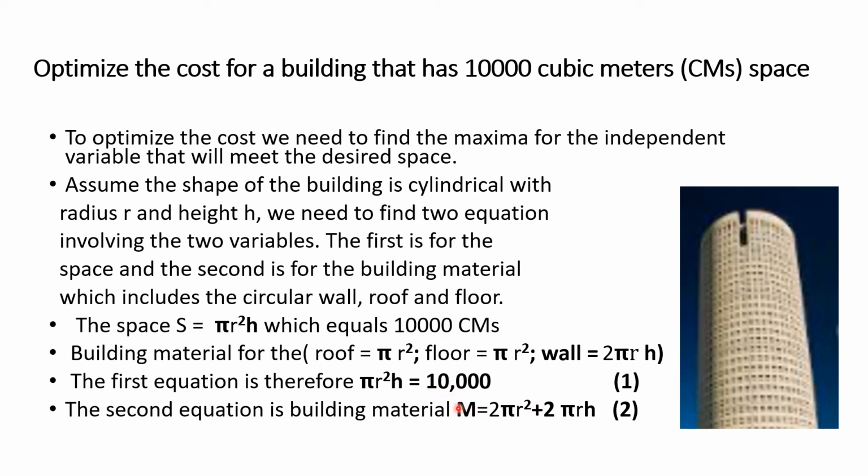We have to solve these two equations, and we have to look for the values of the independent variable, which is r, that give us M, which is the material, and we want to reduce the cost for the material, and we want to keep the volume 10,000 cubic meters. So let's see if we can get that one.